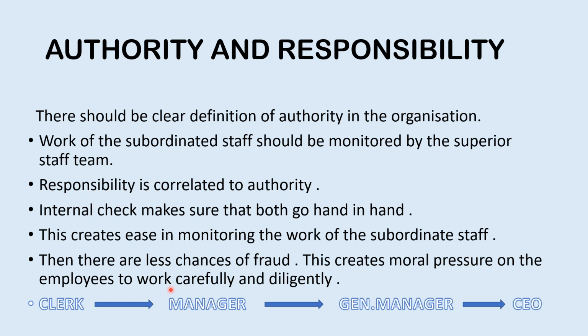So this is how the chain goes. We have a CEO, then the general manager under him, then a manager, and then a clerk. This is a chain of superiority levels, and so are responsibility and authority, very important in the internal check system.